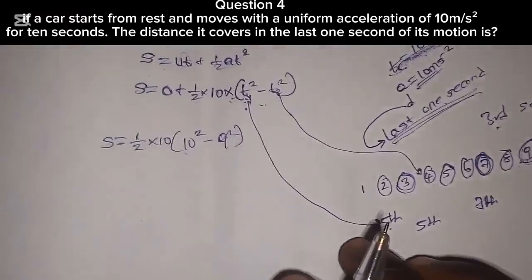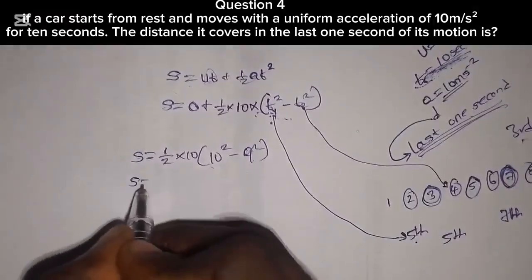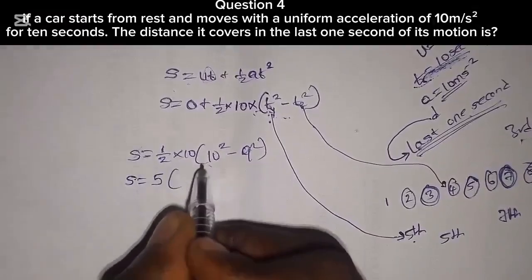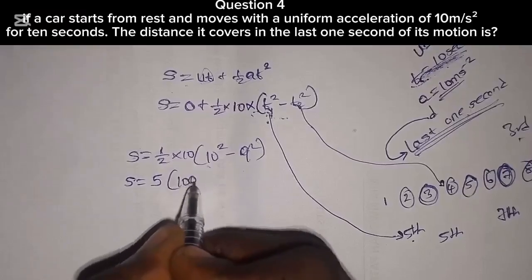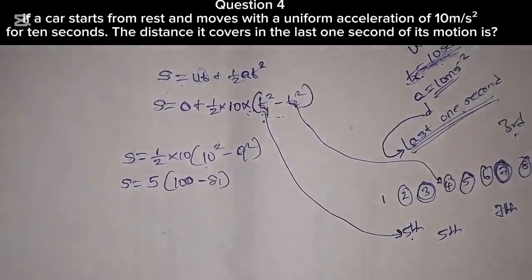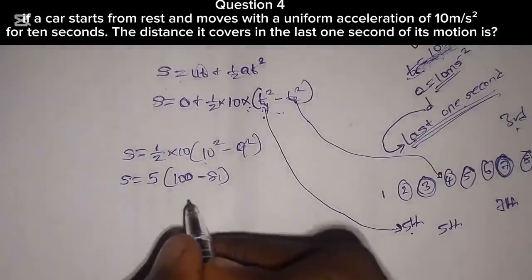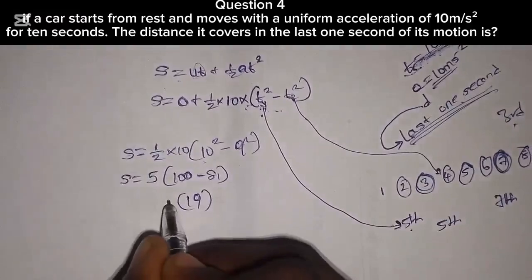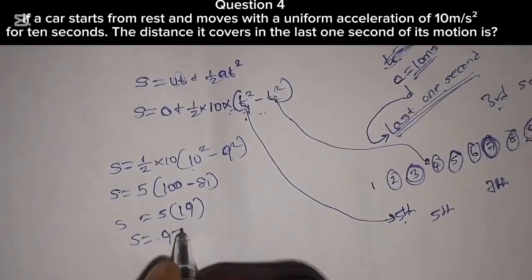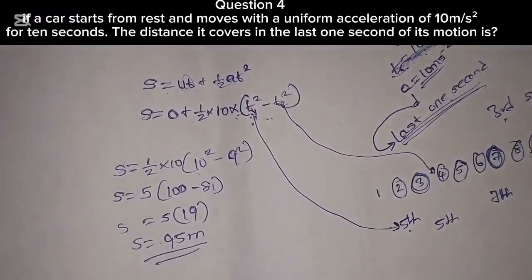So S equals half times 10, which gives 5, times bracket open, 10 square is 100, 9 square is 81. 100 minus 81 gives 19. 19 times 5 gives 95. So the answer is 95 meters.